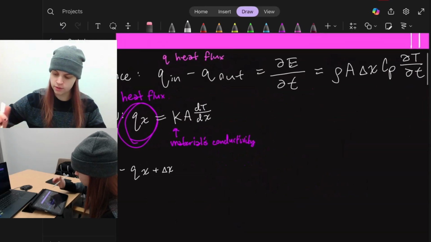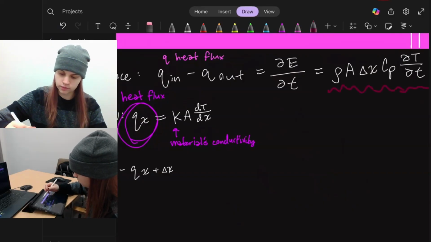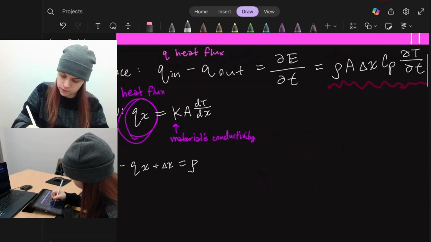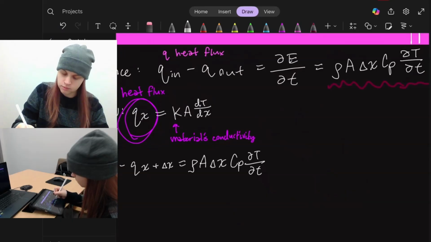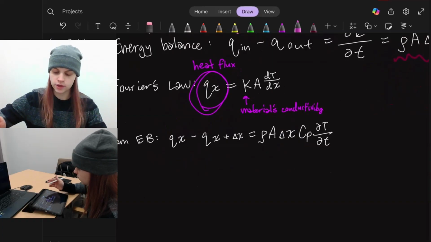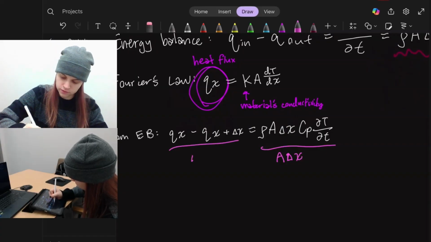And then we take what we wrote over here and set that equal, and what we want to do is divide by a delta x on each side.